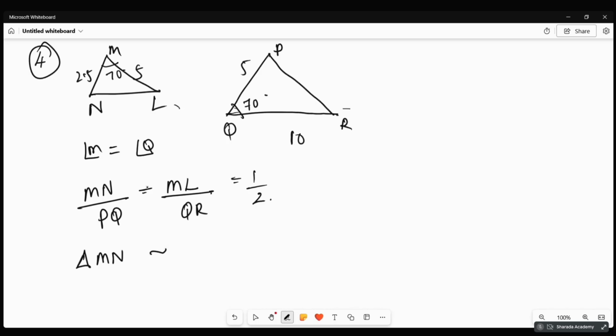Triangle MNL, PQR. MNL, QPR. You tell me what it is. I will write that. Wait.